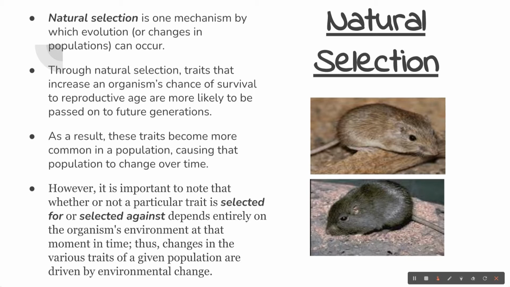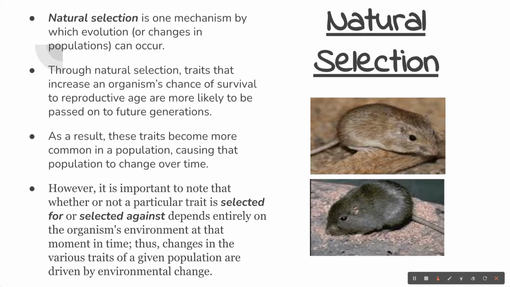Over time, these traits become more common, causing the population to change. It's important to note that whether a particular trait is selected for or against depends entirely on the organism's environment at that time. So changes in various traits are driven by environmental changes.